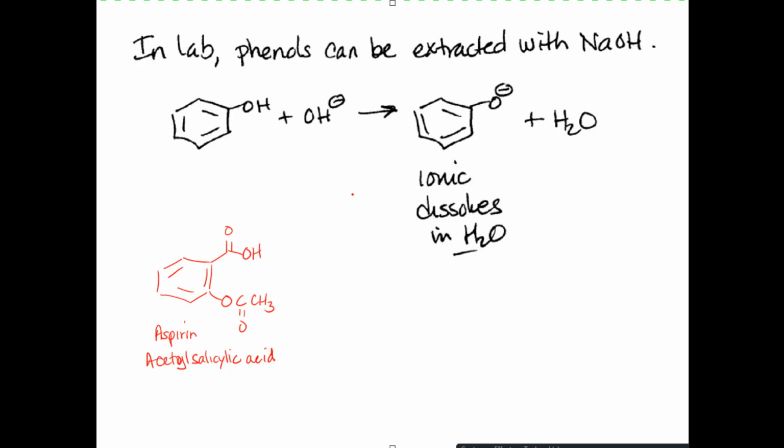It'll turn it into an ionic substance. It'll dissolve into the aqueous layer, and then when you want to get it back, you just simply protonate the molecule. So this is acetosalicylic acid. You would deprotonate the carboxylic acid.